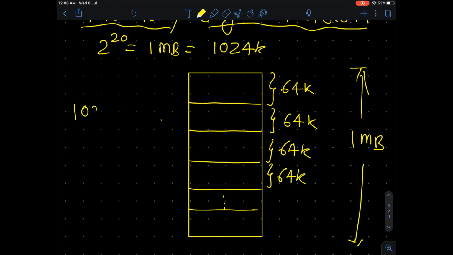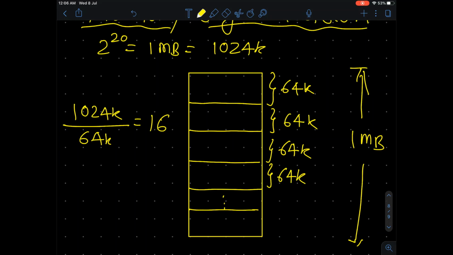If we divide 1024K by 64K, it comes to a total of 16 blocks. So in the concept of memory segmentation, the total 1 MB memory is divided into 16 segments.